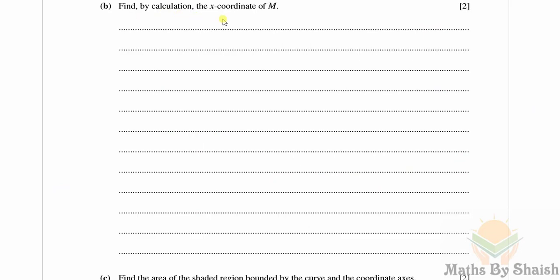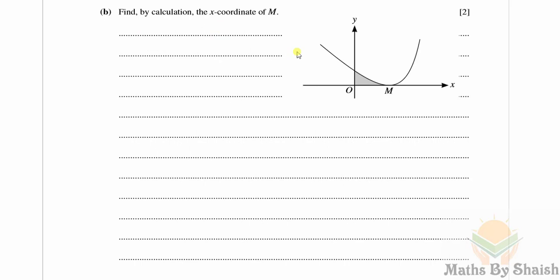And here is the diagram of it so that we can see what to find. And the x coordinate of M we need to get. So we know that this curve was y is equal to 2 over (3 minus 2x) square minus x. So we have found out the dy over dx.